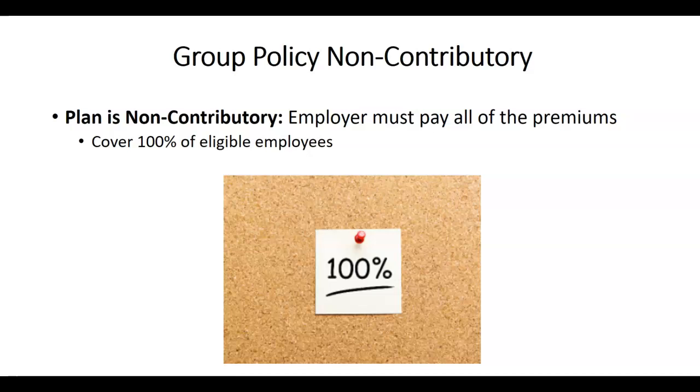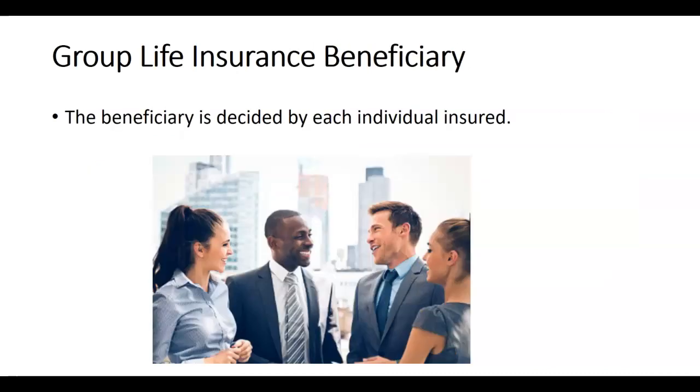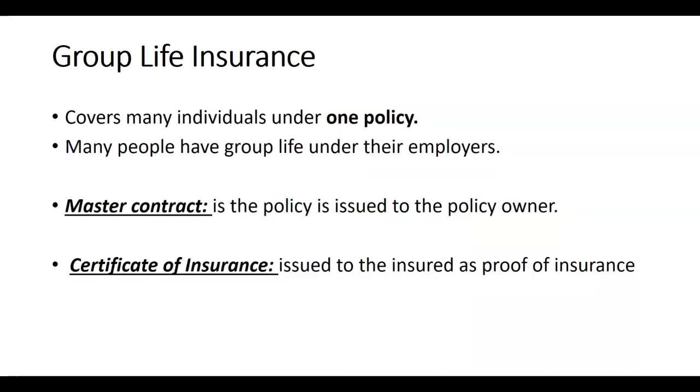And another thing with group life insurance is key person, which we're going to talk about in another video. Key person is an example of third-party ownership. Anytime somebody different owns your policy than the insured, that's called third party, which we talked about in another video.